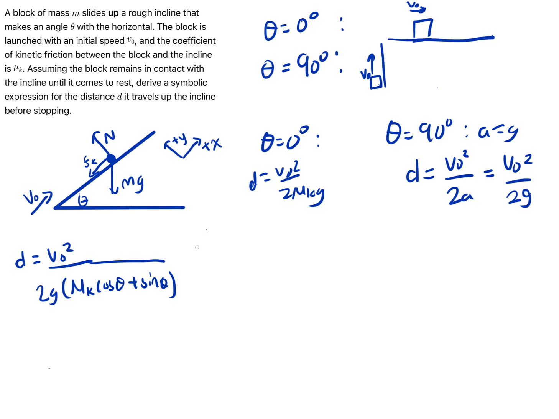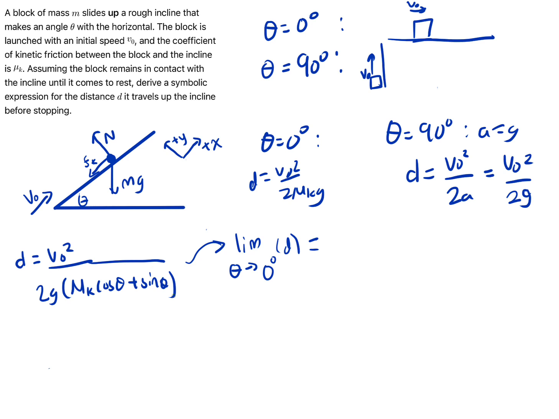So now let's actually check if our result holds in these two limiting cases. If we take the limit as the angle theta approaches 0 of this d here, oops, I wrote theta by accident. It should be 0 degrees. As theta approaches 0, cosine of theta approaches 1, but sine of theta approaches 0.